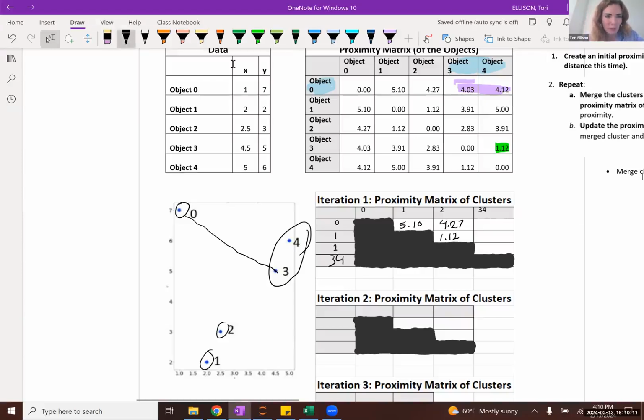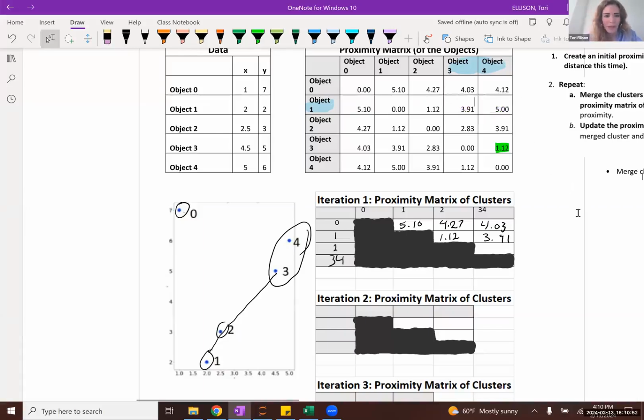So therefore the distance between cluster 0 and 3, 4 is going to be that 4.03. Okay. And next we want to find the distance between cluster 1 and cluster 3, 4. Okay. And so what we can see is that 1 and 3 are the two closest points in these two clusters, with a distance of 3.91. So the distance between cluster 1 and cluster 3, 4 is 3.91.